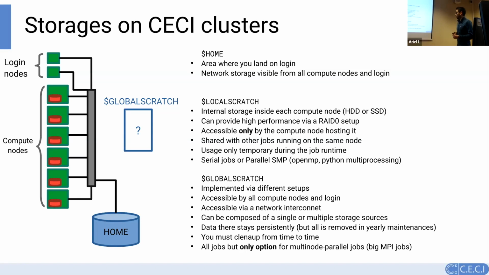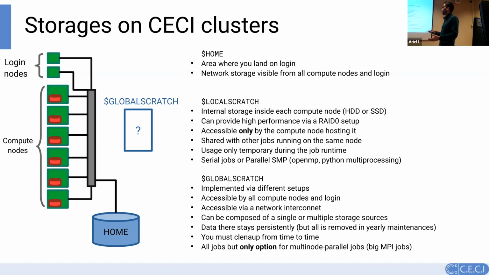Global scratch is a network file system, implemented via different technologies on the different clusters, depending on which kind of jobs the cluster is targeted at. But in all cases, it's a globally available file system, and by definition, if it's global across a set of different compute nodes, it's accessed via the network interconnect.